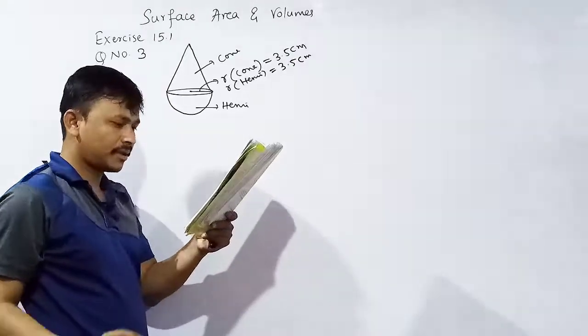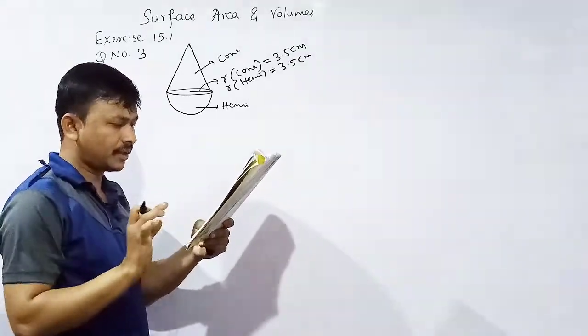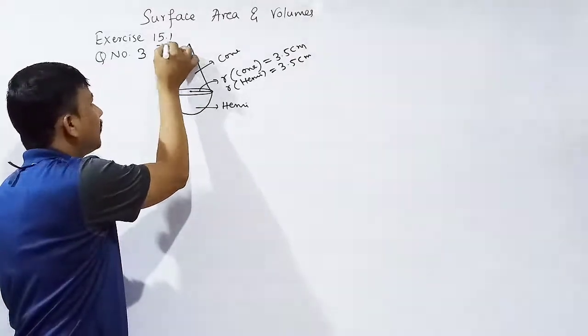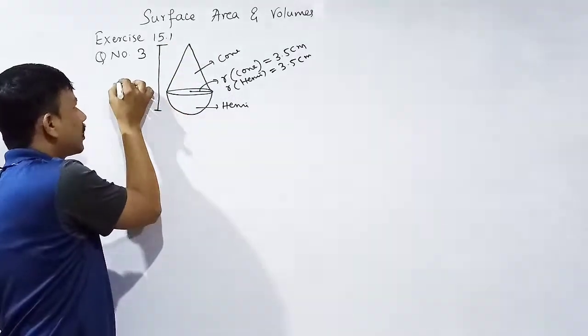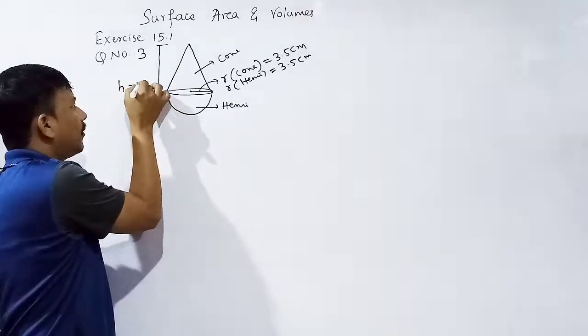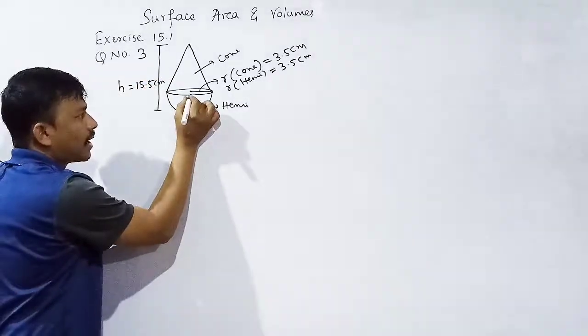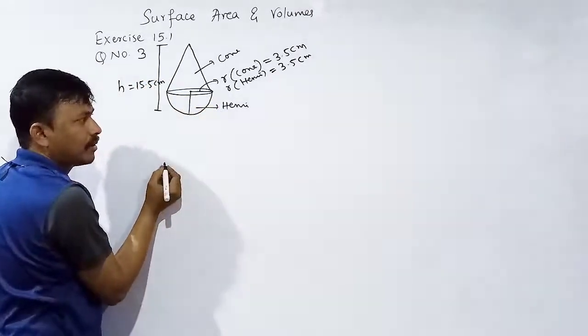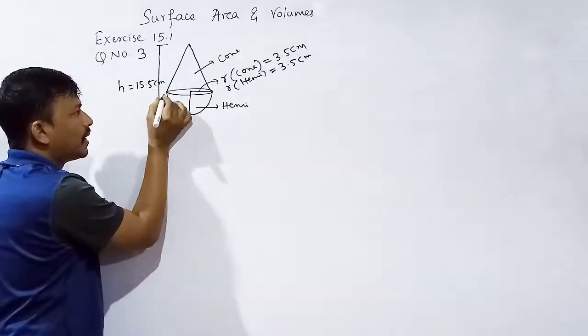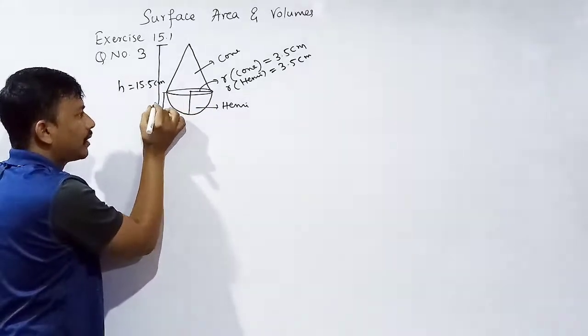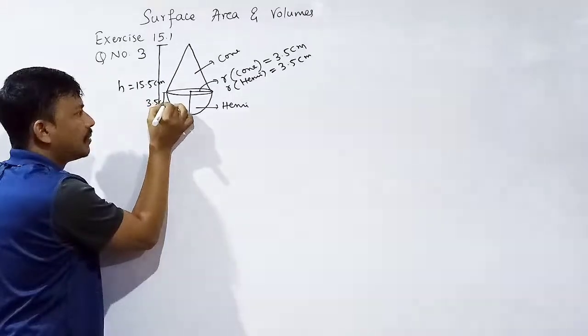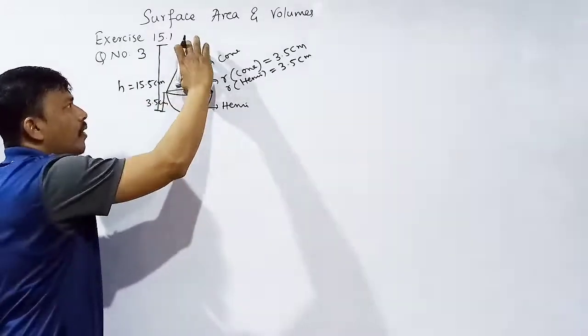Then total height. What is the total height of the toy? 15.5. Okay. Total height h is equal to 15.5 centimeter, from which we need to subtract the radius of the hemisphere. What is the radius of the hemisphere? 3.5 centimeter. After subtracting, what will we get?